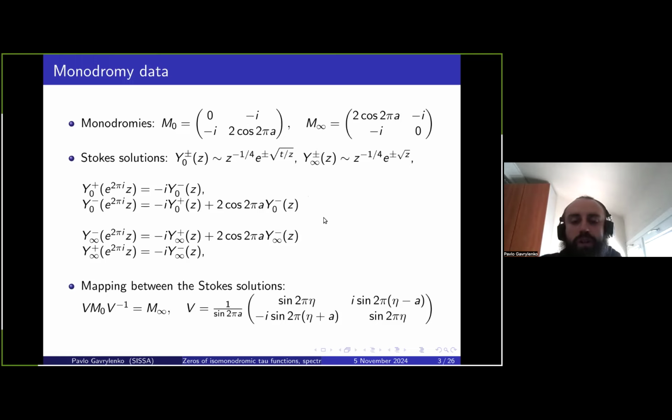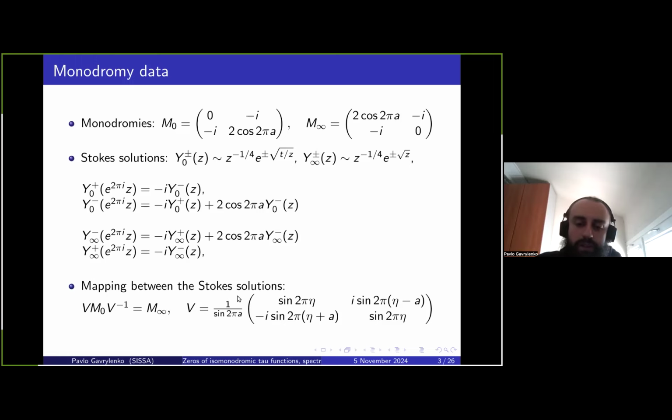And there is also some global data which tells us how to glue this 0 and infinity. Namely, there is one matrix which maps a basis of solutions at 0 to a basis of solutions at infinity. And it is given by this formula. It has one more parameter, eta.